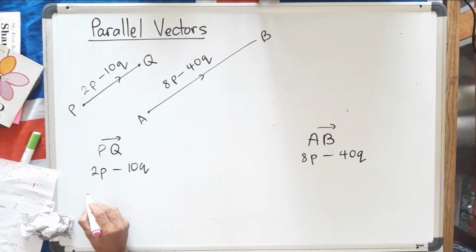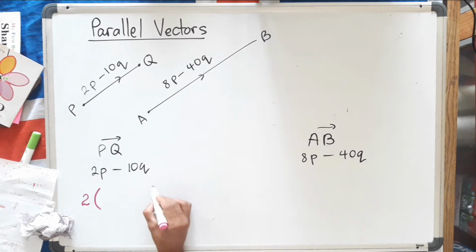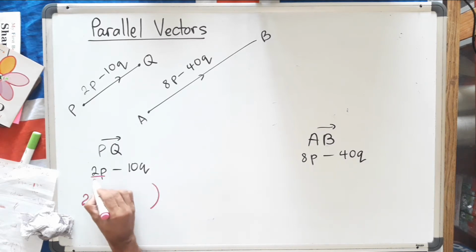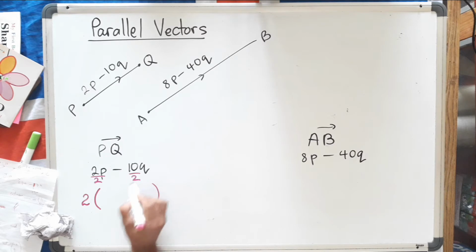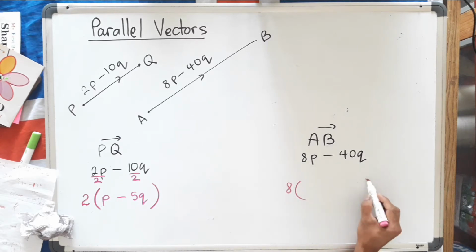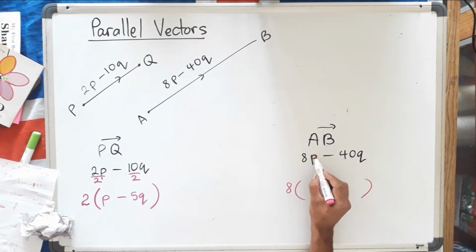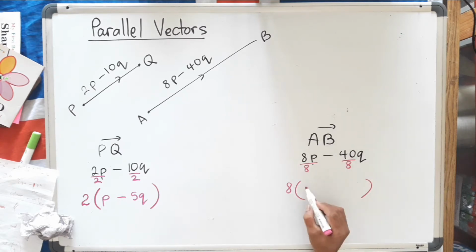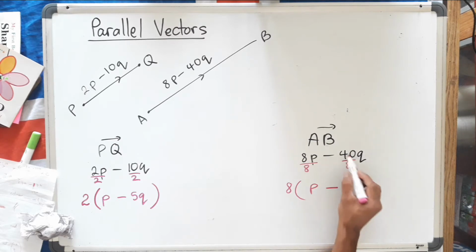This one's easy to factorize, so we're going to pull out 2. If we pull out 2, that means we're visiting everybody and dividing it by 2. So we're going to get P minus 5Q. Easy enough. This one here, we're going to pull out 8. If we are pulling out 8, because that's the number touching the first letter, we're just going to visit everyone and divide them by 8. 8 and the 8 will cancel out. 40 divided by 8 is 5.